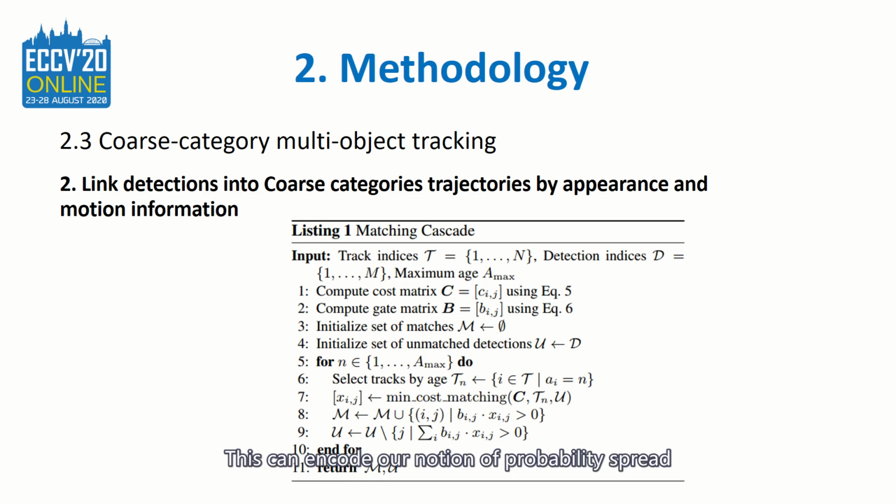This helps us avoid the following situation: when an object is occluded for a longer period of time, subsequent Kalman filter predictions increase the uncertainty associated with the object location. Consequently, probability mass spreads out in state space, and the observation likelihood becomes less peaked.